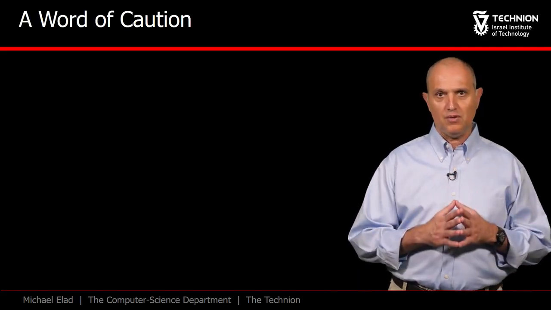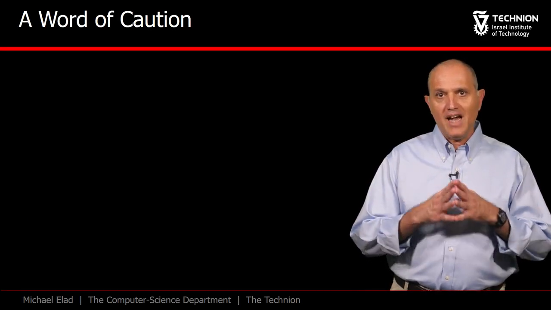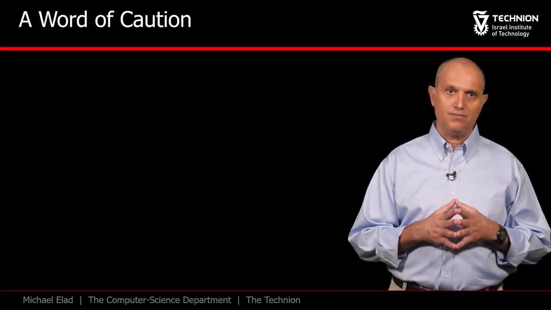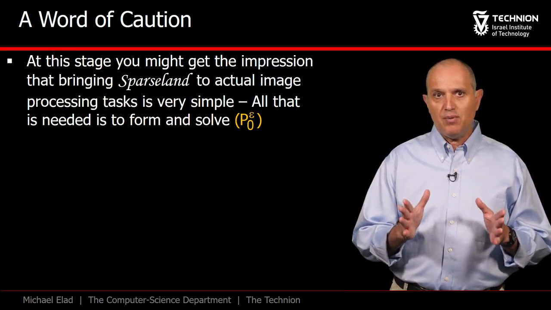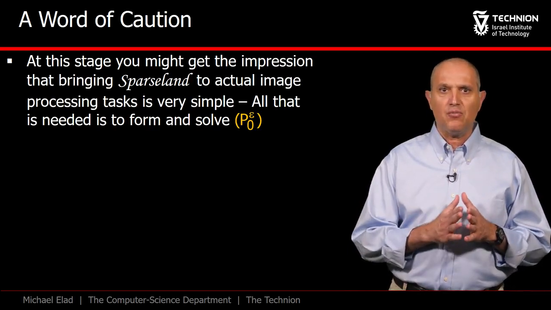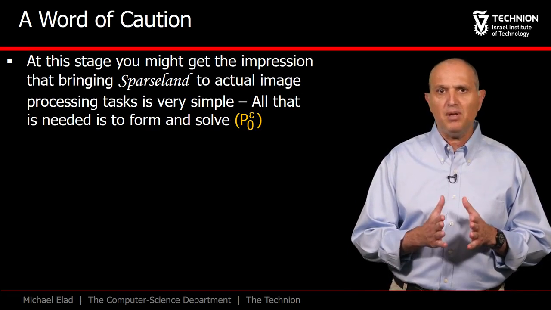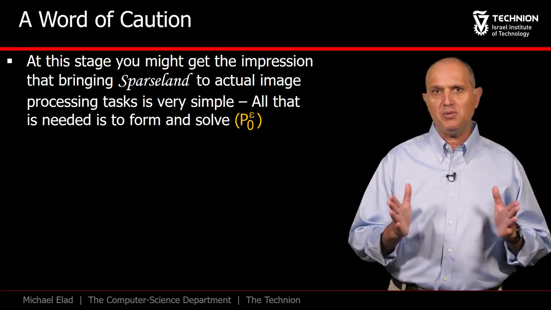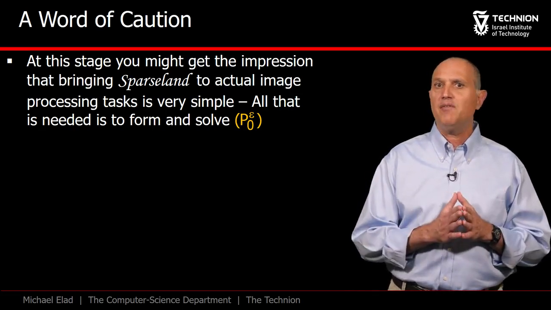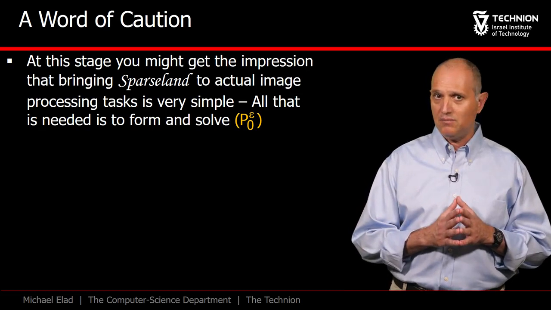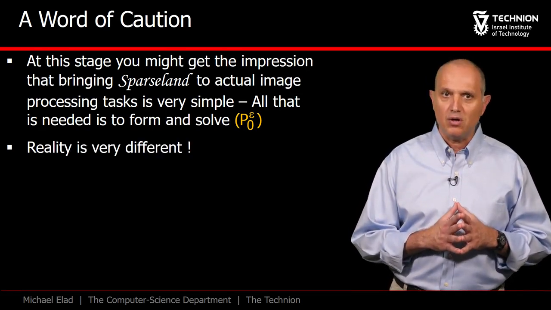Just before we conclude this story and start talking about actual applications, a word of caution. From the description given above, you might get the impression that from here on, everything will be simple and near trivial. All that needs to be done is to solve P0 epsilon and everything will fall nicely into place, right? Well, you couldn't be more wrong.